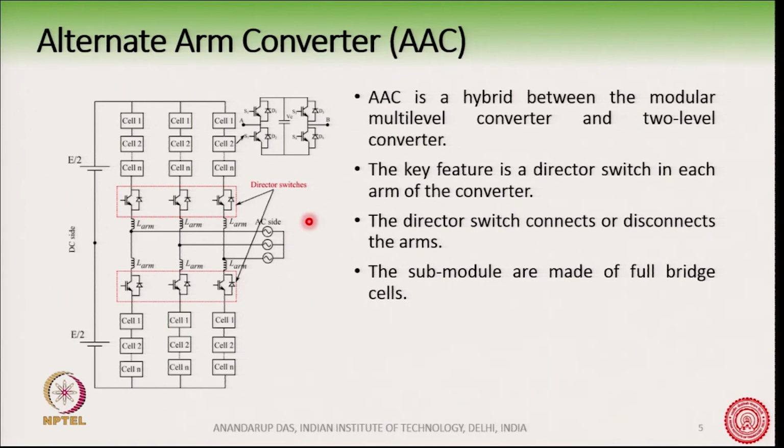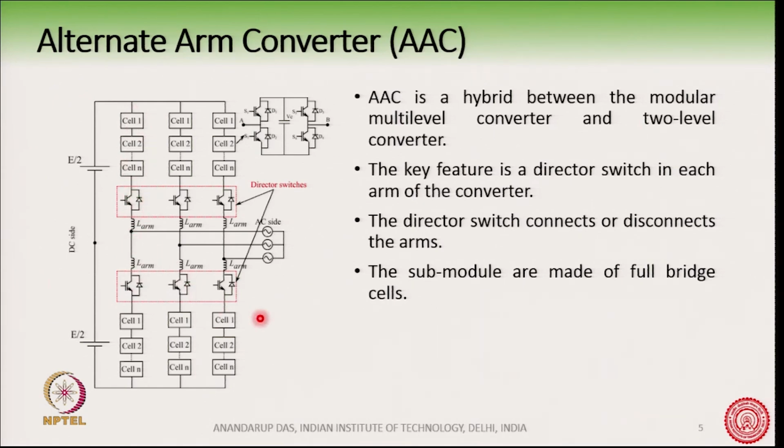So, this is the key feature of an alternate arm converter, which is this director switch. The function of the director switch is to connect or disconnect the arms. So, with the help of this director switch, you can either connect this arm or disconnect the arm.